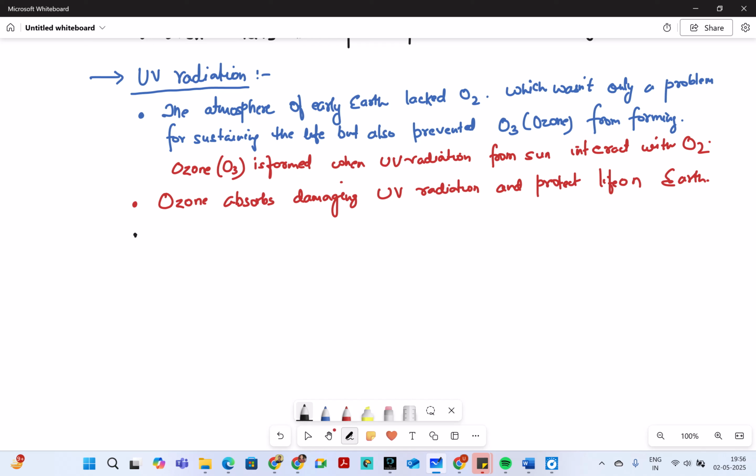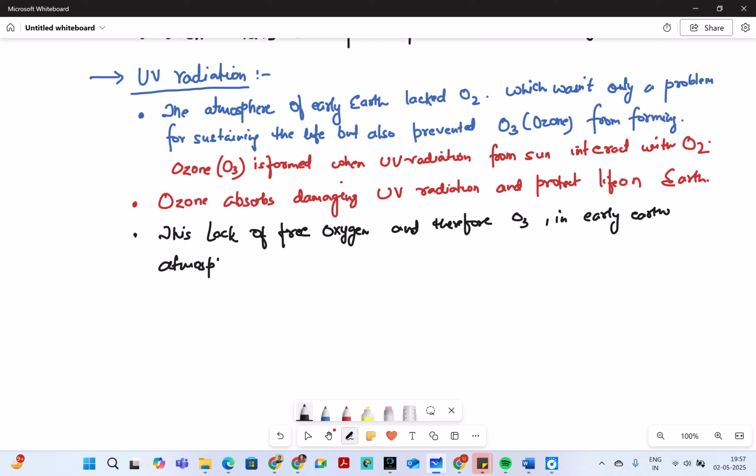So we can say that this lack of free oxygen, and therefore ozone, in early earth atmosphere led to UV radiation penetrating the earth, right?